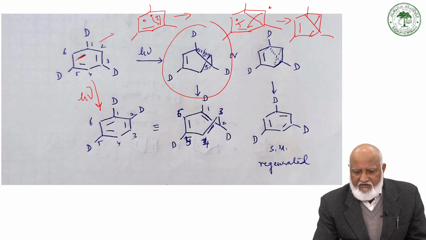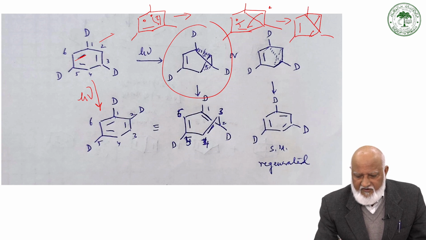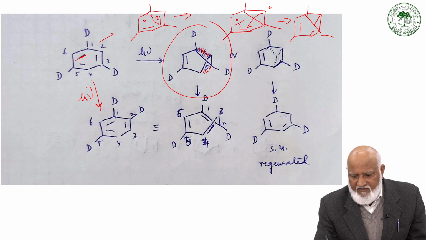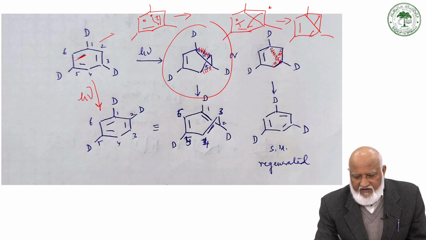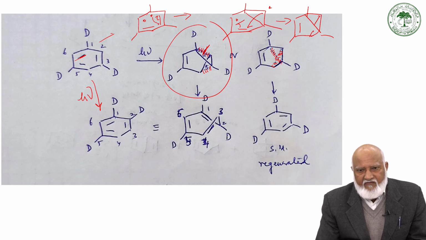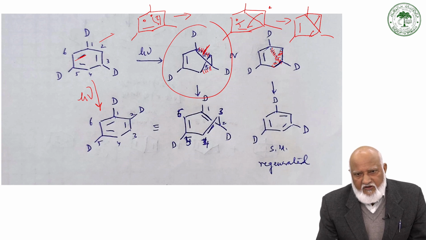And we have just mentioned the dotted lines, one of this and then one of this. Just to say that if we cleave this, there is a possibility of formation of benzene, and the dotted line shows the cleavage for the transformation of benzene to the product.